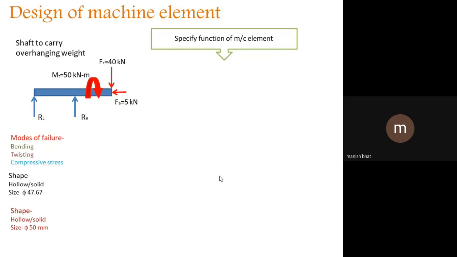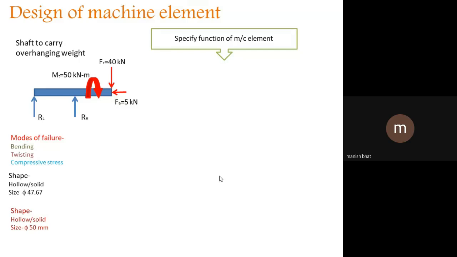Consider that the shaft is transmitting 50 kilonewton meter torque. Torque depends upon the power which it is transmitting. You know the relation between power and torque: P is equal to 2 pi N T divided by 60.